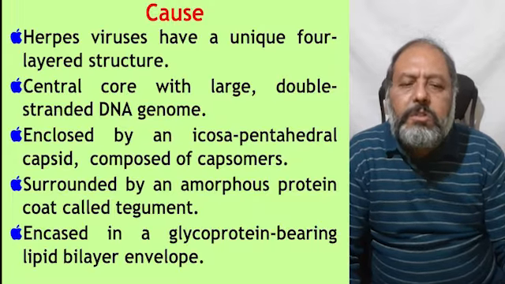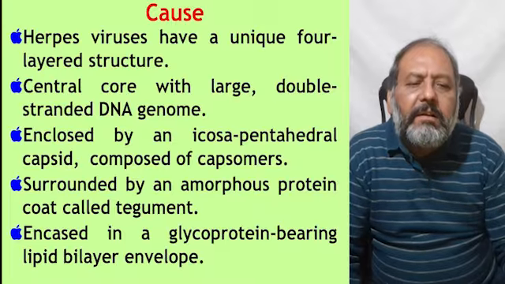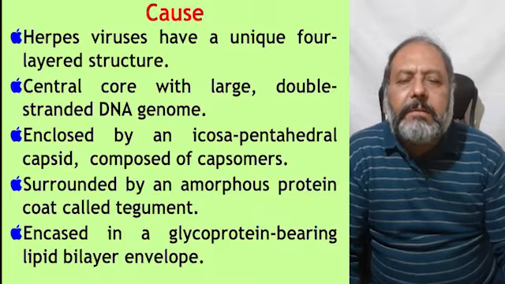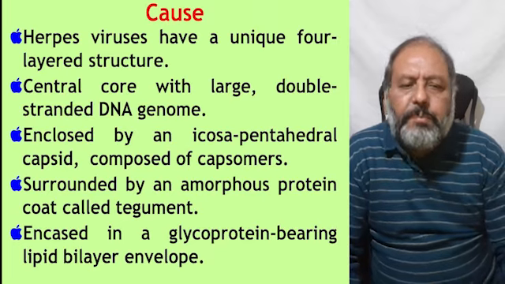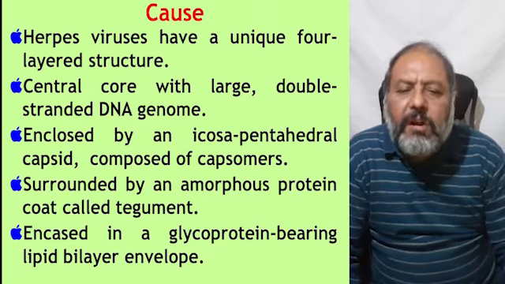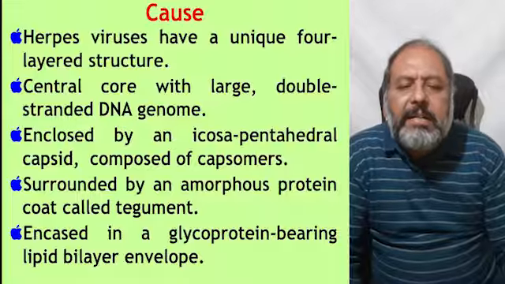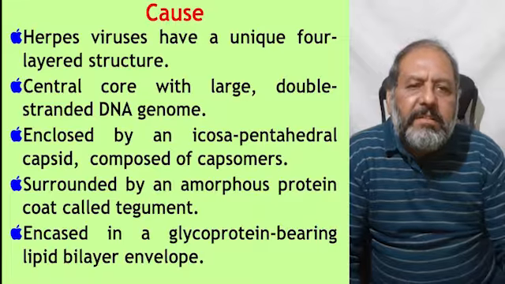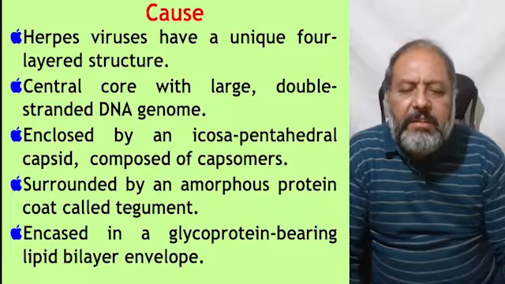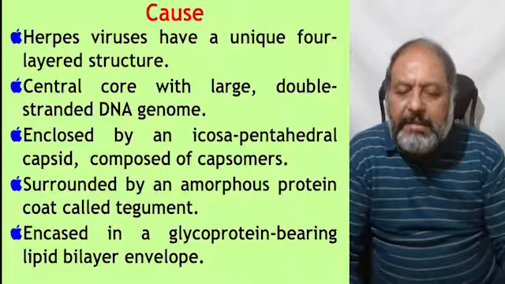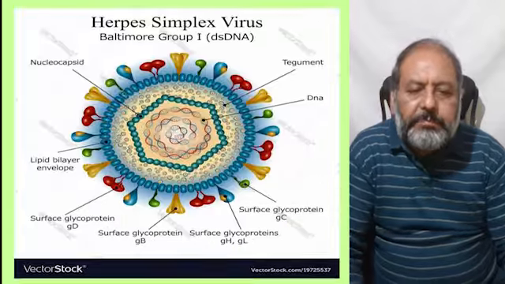It is enclosed by an icosapentahedral capsid composed of many capsomers. It is surrounded by an amorphous protein coat called tegument, and this is again encased in a glycoprotein-bearing lipid bilayer envelope.